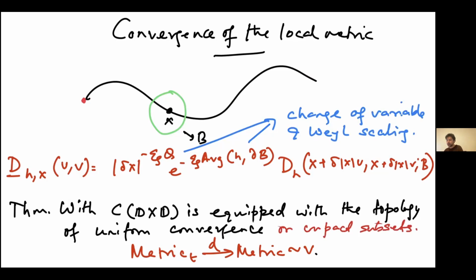Under this topology, the empirical measure on metrics converges weakly to a deterministic measure on metrics. This is the counterpart result.